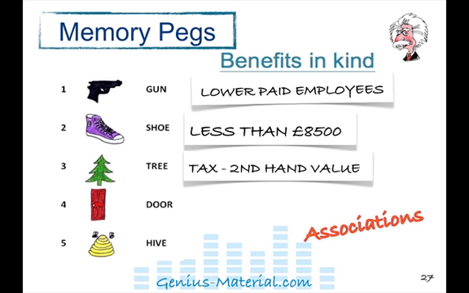Now, oh my goodness, how could I attach something like taxed at second-hand value or market value with a tree? I could make something up. I could think about an artificial tree that we've got, and I could imagine that it was donated by somebody else who is upgrading to a better artificial tree.